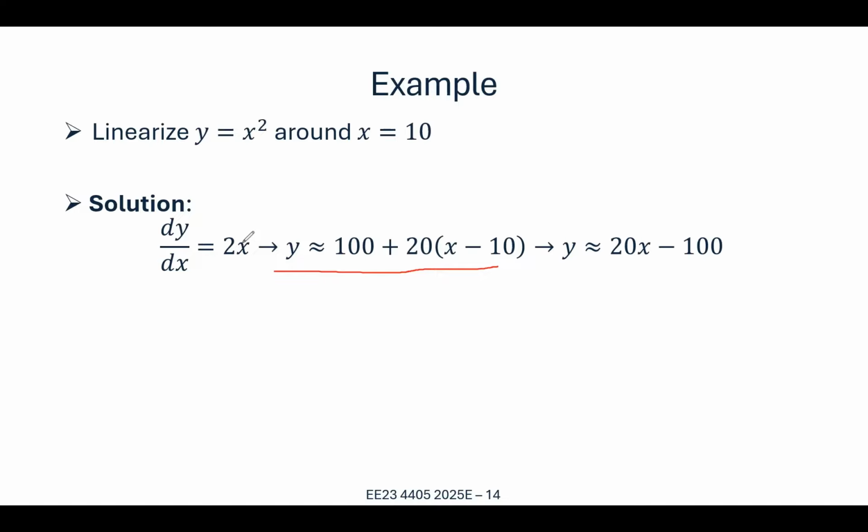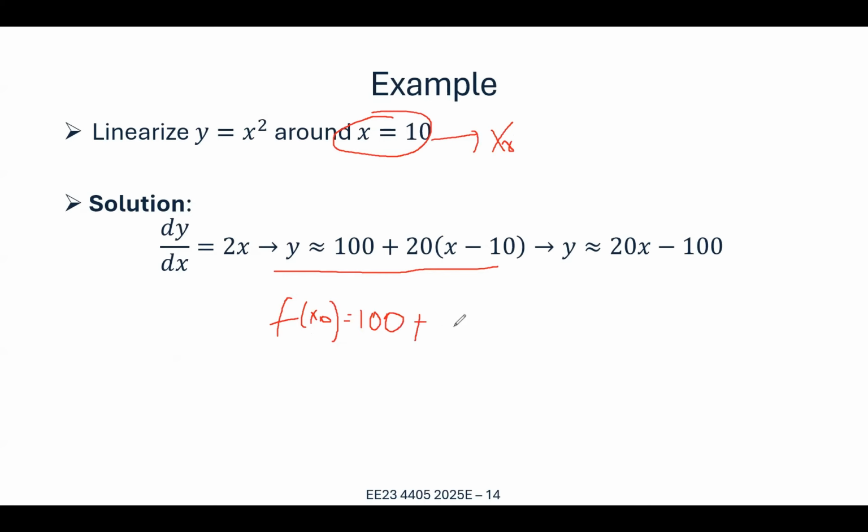How do we get 100? Because it's at 10. If we look at the previous slide, it's f(x0), where x0 is 10, which is 100, because it's 10 squared. Then the derivative of this is 2x.